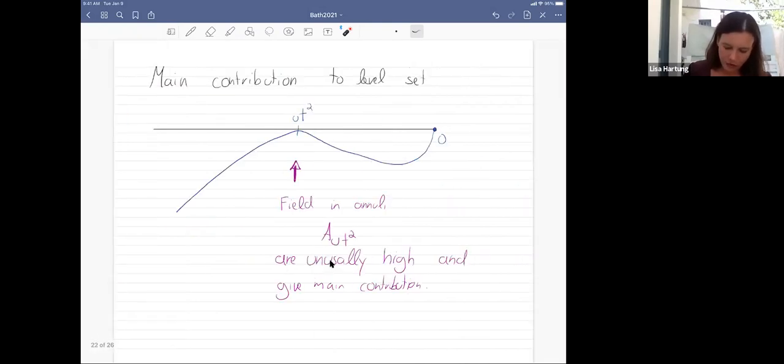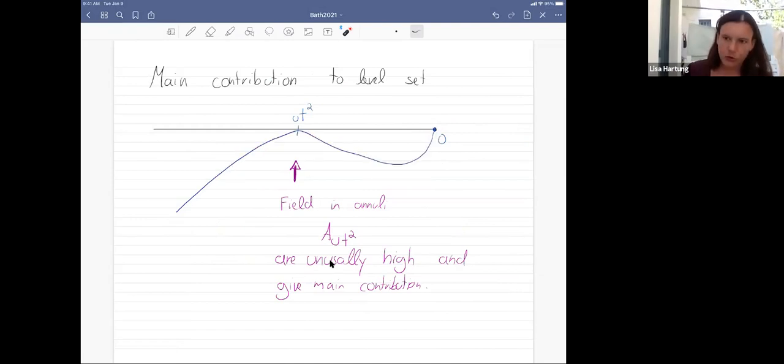So now, on a logarithmic scale, we have turned everything into understanding a Gaussian random walk to be below 0.